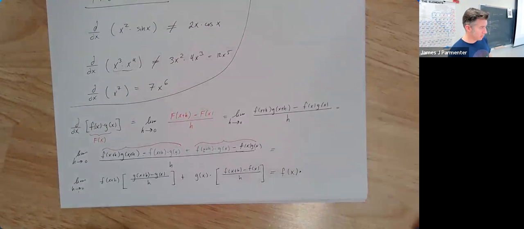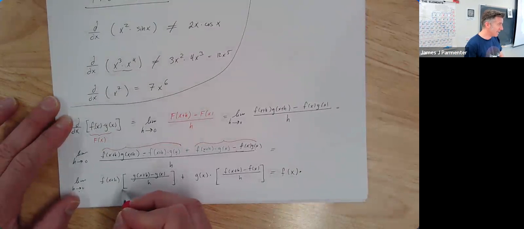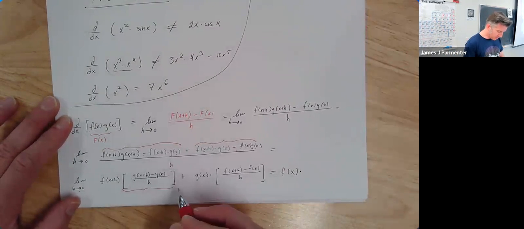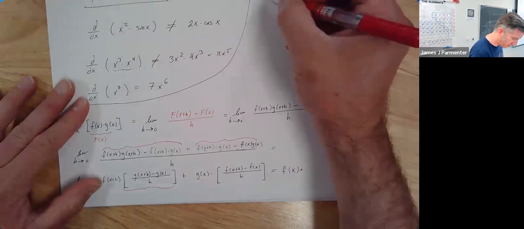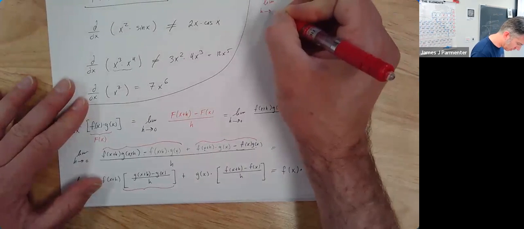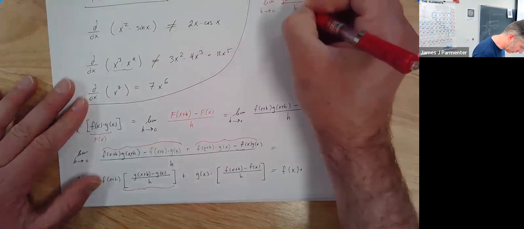Okay, here's the big question. If I take the limit as h goes to 0 of g of x plus h minus g of x all over h, what is that the limit definition of? I wrote up here, limit as h goes to 0, g of x plus h minus g of x all over h.